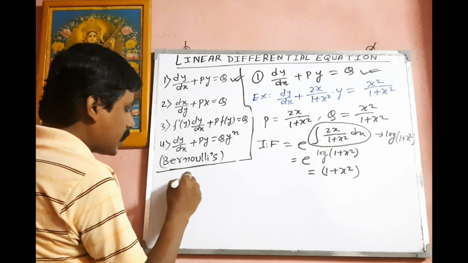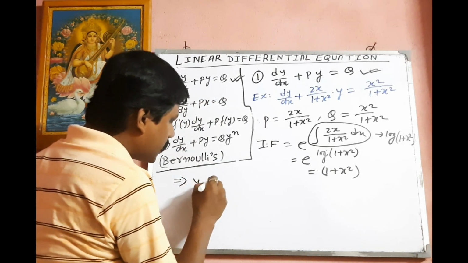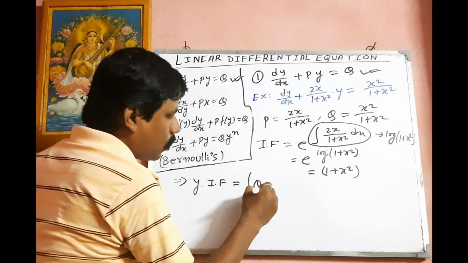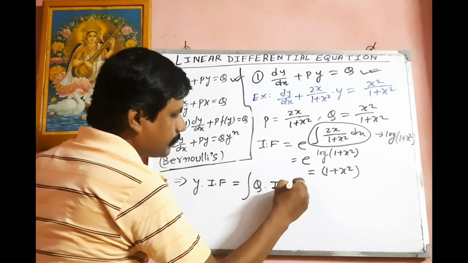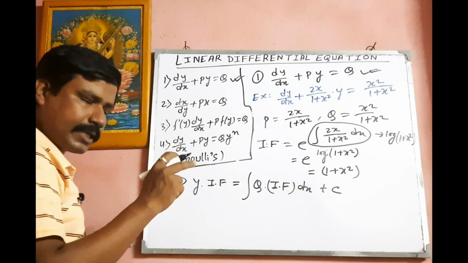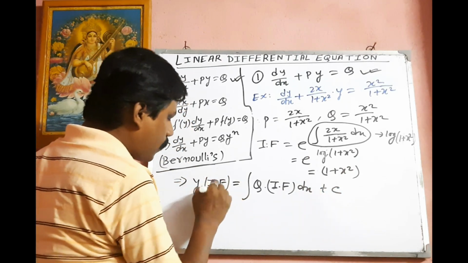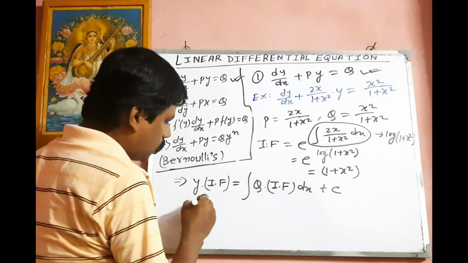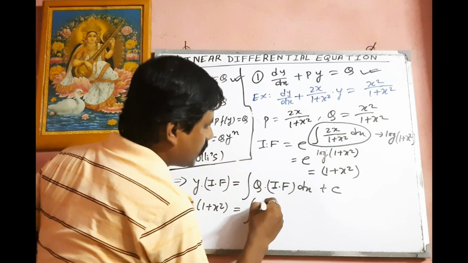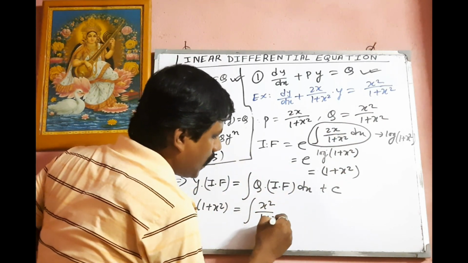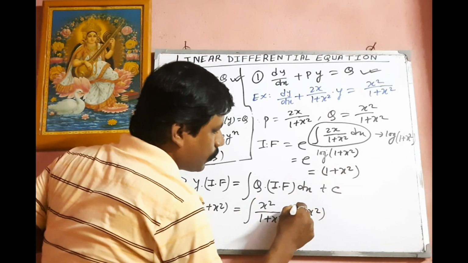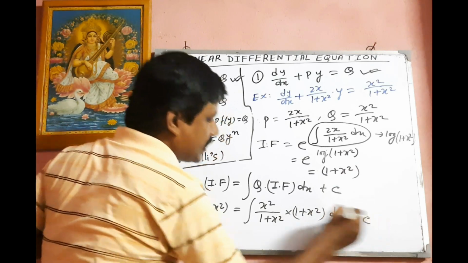So the solution part: y times IF is equal to integration of Q times IF dx plus C, where C is the integrating constant. Now putting the value of IF, y times (1 + x²), and Q is equal to x²/(1 + x²), and IF is equal to 1 + x², and dx is there and C is there.